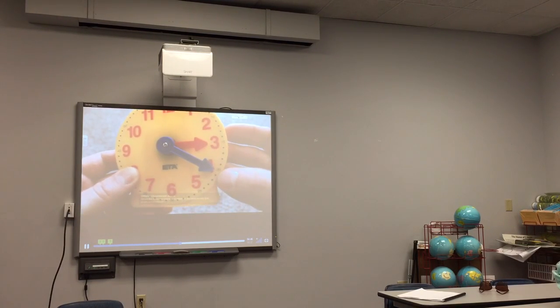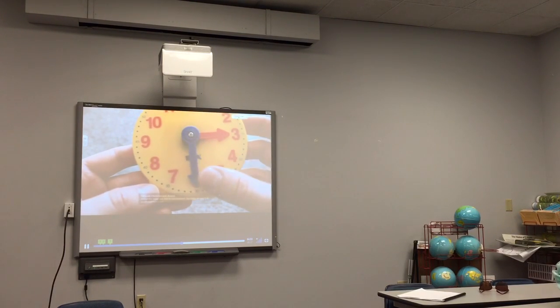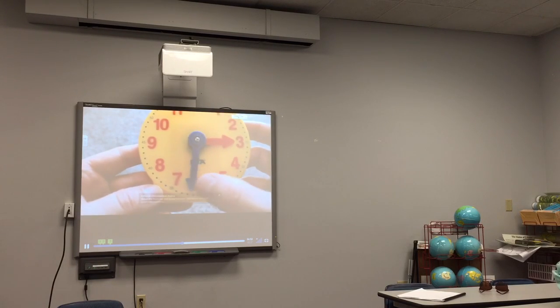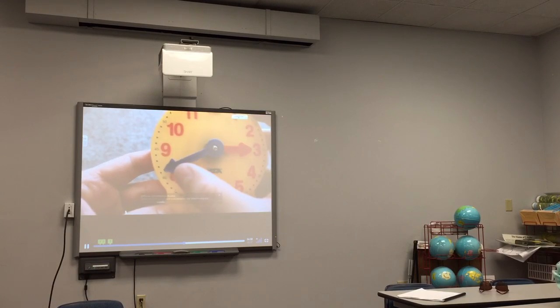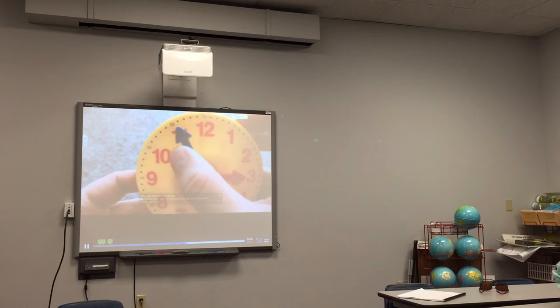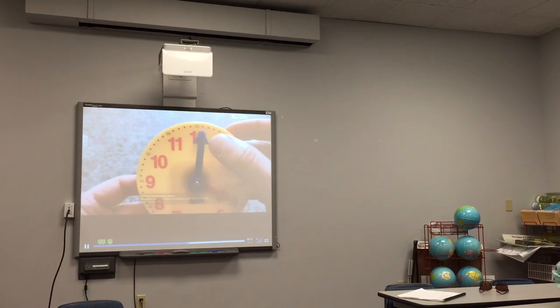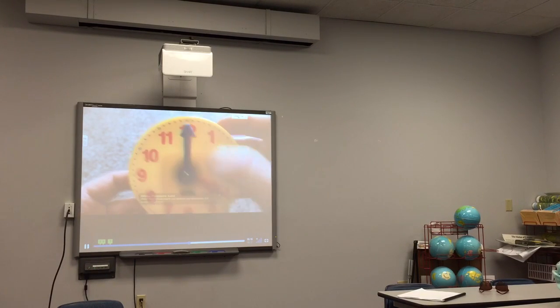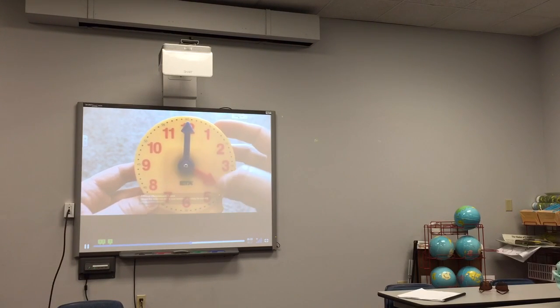Then we have 3:20, 3:25, 3:30, 3:35, 3:40, 3:45, 3:50, 3:55, and now we hit 60, and when we get to the 60, we actually say 4 o'clock. So when the minute hand hits the 60, we're actually moving on to the next hour, so now it's 4 o'clock. All right, so let's try that again.